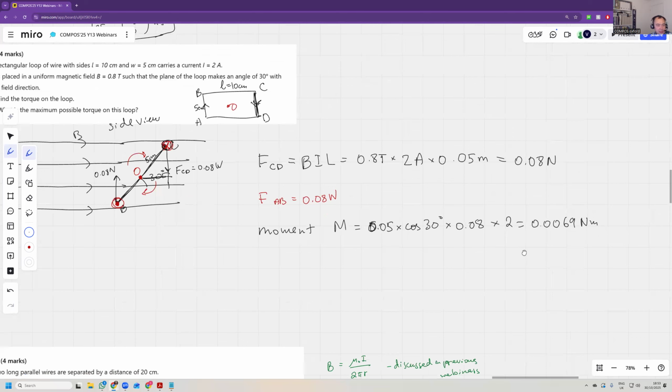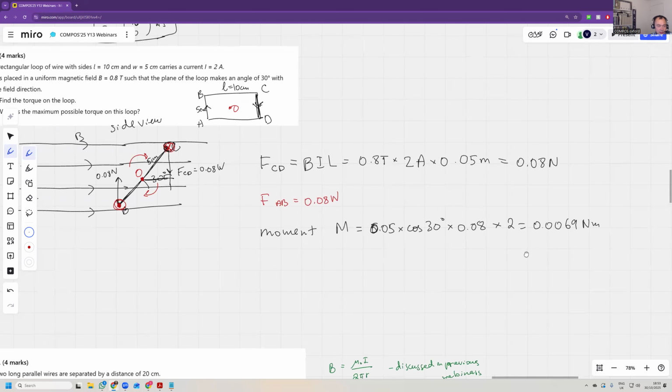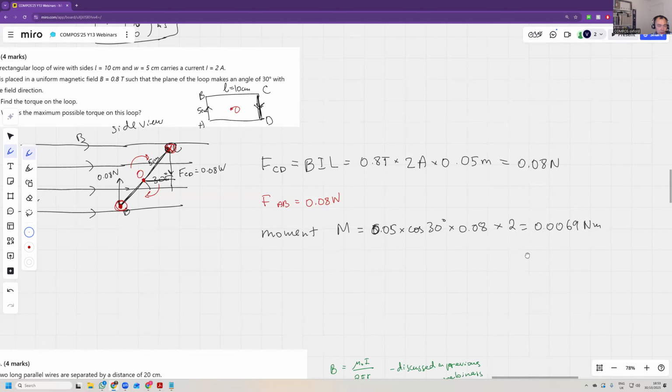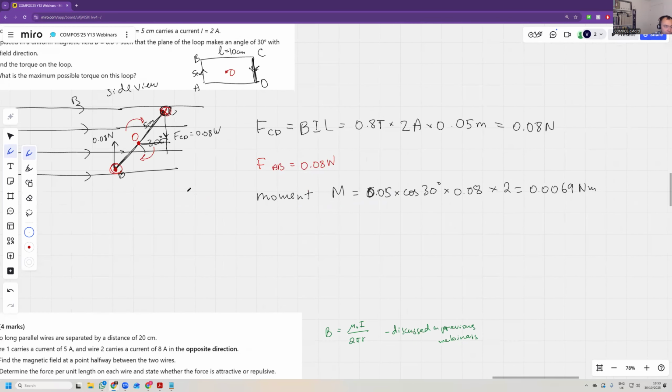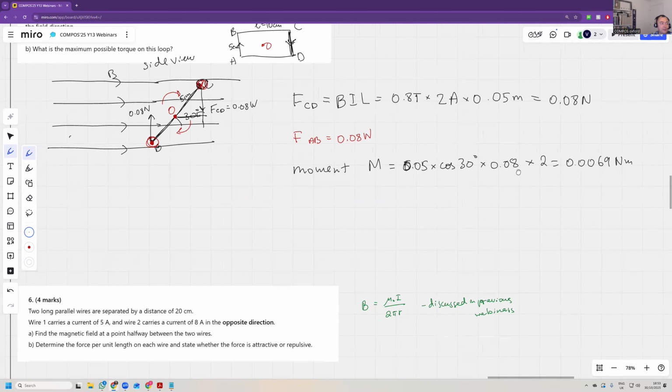Have I made a mistake? No, I don't think so. No, it's a small distance and a small force. 0.8 times 2. Yeah, okay. Now, the moment would be maximized if BC was horizontal.